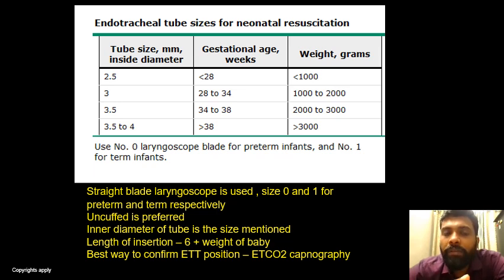This 2.5 size and 3.5 size indicate the inner diameter of the tube. And the length of insertion is roughly 6 plus the weight of the baby. Suppose it is a 3 kg baby, the length of insertion is up to the marking 9. And the best way to confirm ETT position is ETCO2 capnography.